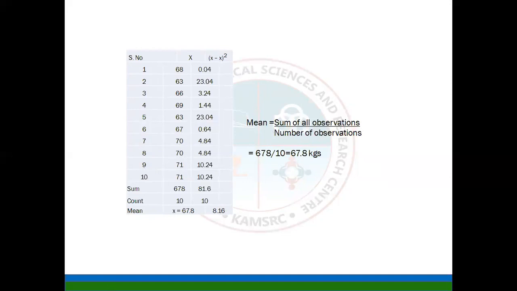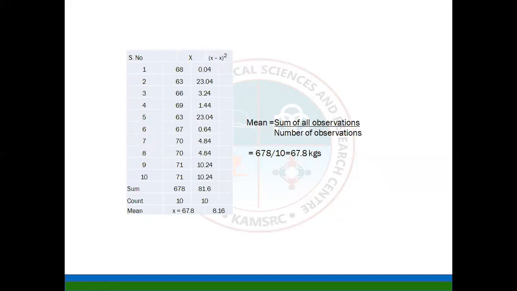And also here, if you want, you can add one more column in between these two, that is x minus x bar, so that it will be easy to calculate x minus x bar square. Why are we calculating this? To know the standard deviation. Okay, so now we know the mean. Now we will be calculating standard deviation, and from that we are calculating the standard error of mean.